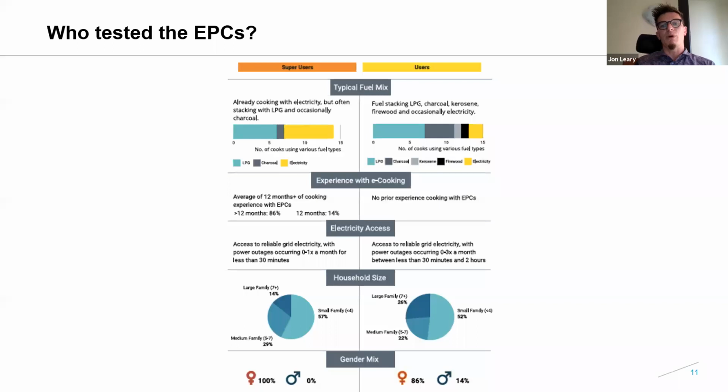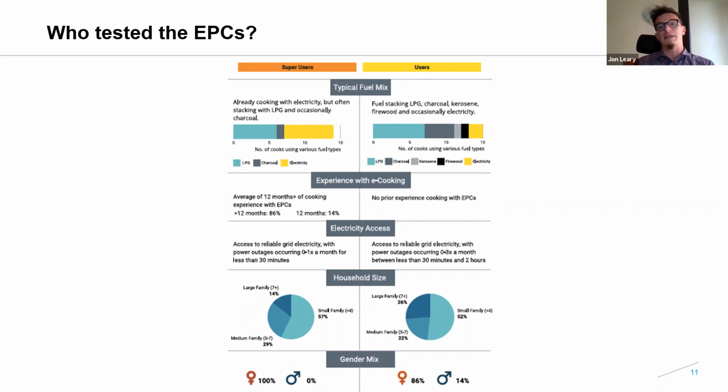Both of them had reliable electricity access, but slightly more so for the super users, slightly higher levels of education, slightly higher income bracket. In terms of household size, we wanted a mix of sizes of households between the two different groups. We also wanted to focus specifically on the main gender of cooks.